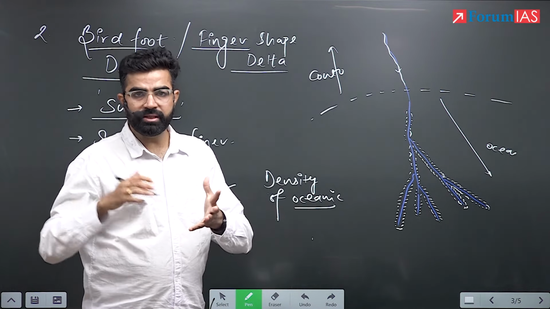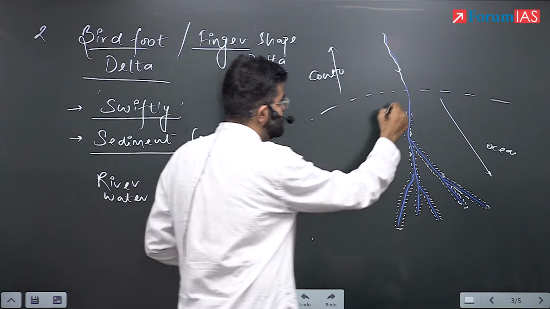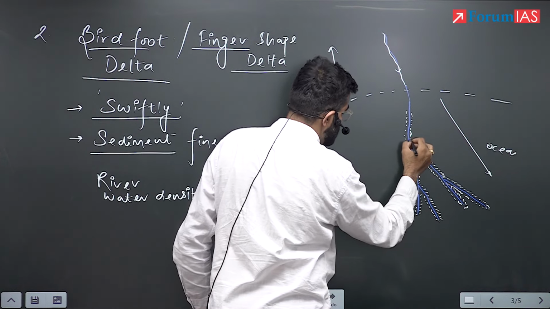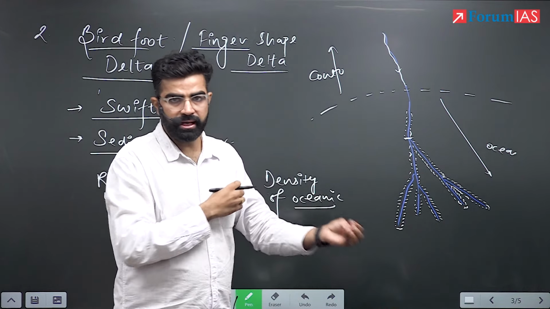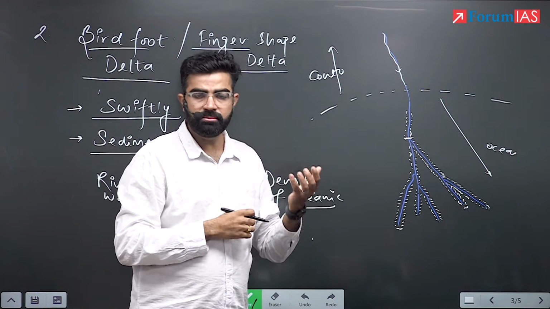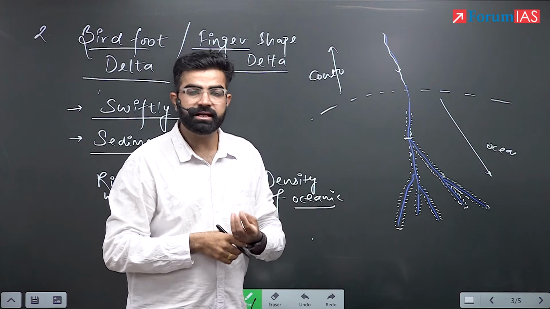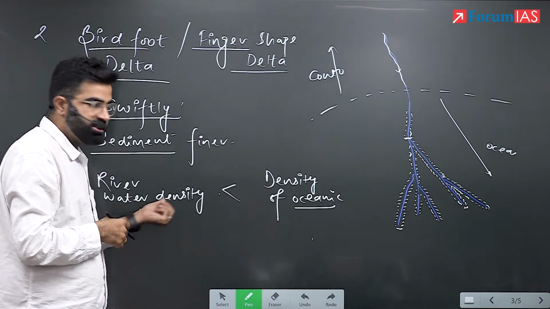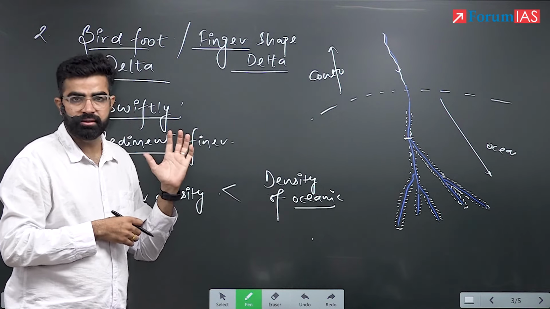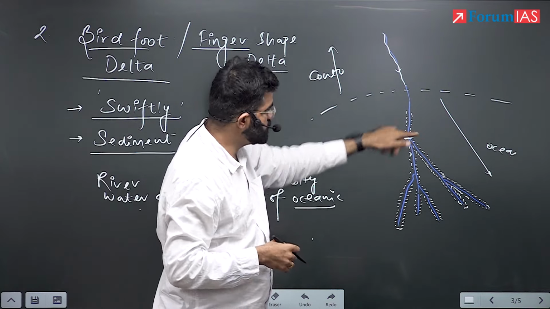Therefore, with this speed, the river brings these sediments to, let's say, this much depth inside the sea. Why was this much depth possible? Because the river was faster. The second is the sediments were finer and the river's water density is much lesser than the density of the ocean. Therefore, it is penetrating right up to here.